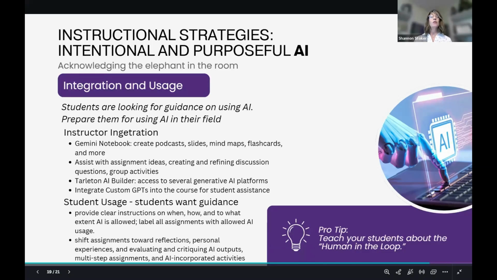There's a study that came out in one of the online journals recently, and it said students are looking to instructors for guidance on using AI, and particularly how it will be used in their field when they leave college. Whether we agree with it, I know there are a lot of ethical issues that can be raised.